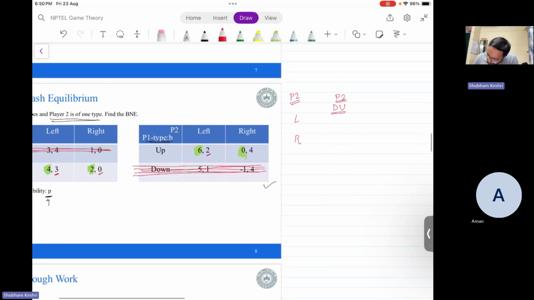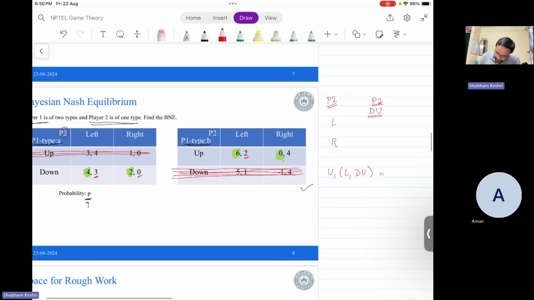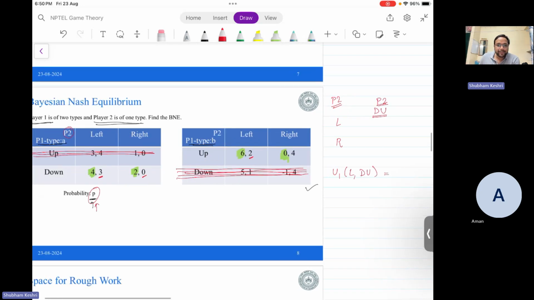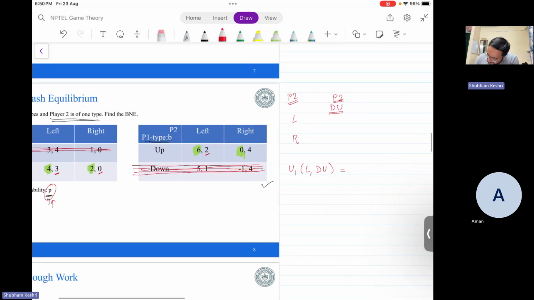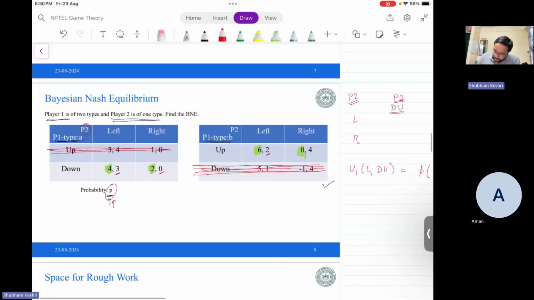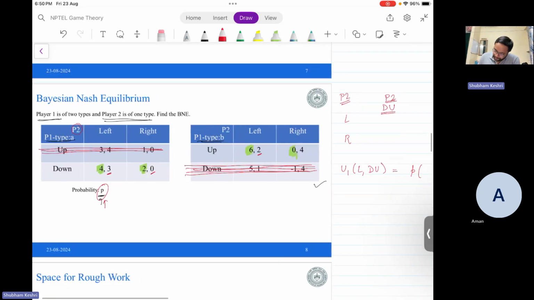Alright, so we'll find out the expected utility of player 1 given he plays L and the other player plays DU. That is, player 1A plays D and player 1B plays U. So what is the expected utility? The probability player 1 will be of type A is P. So we write P times the utility, which will be 3 when he plays left.